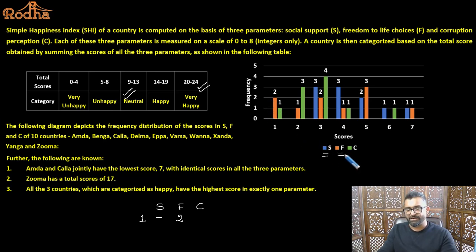If I look at parameter F, we have 1 how many times? 2 times. If I look at parameter C, we have 1 how many times? 1 time.